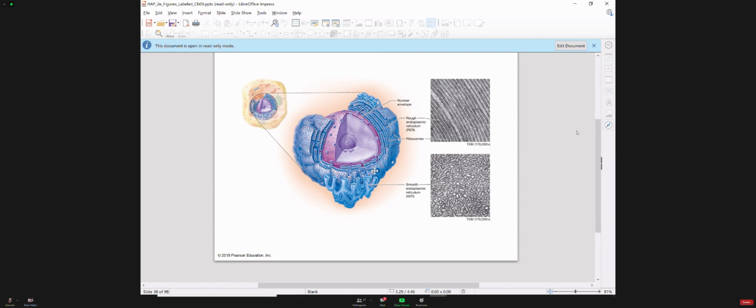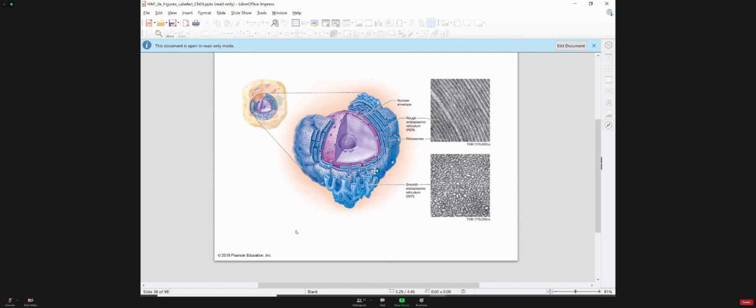You can think of it this way: if the genetic material is stored inside of the nucleus, and the purpose of the cell is, for example, to produce some kind of proteins for its own needs or to be excreted for the needs of the rest of the body, where do we get the information? We get it from the nucleus. So it makes a lot of sense to bring the plant, the building structure, close to the site of this information.